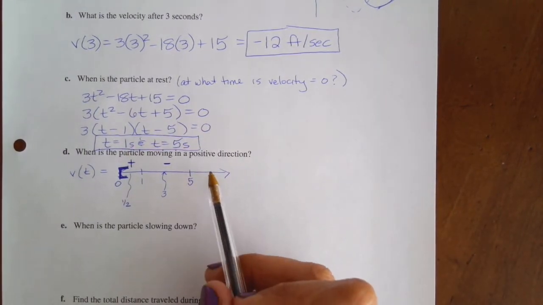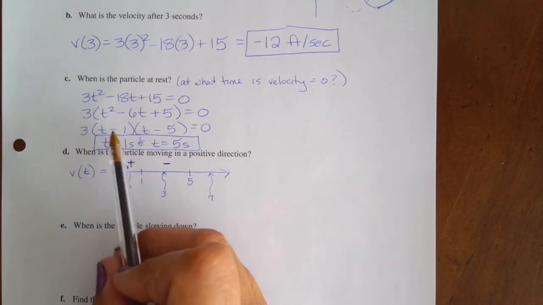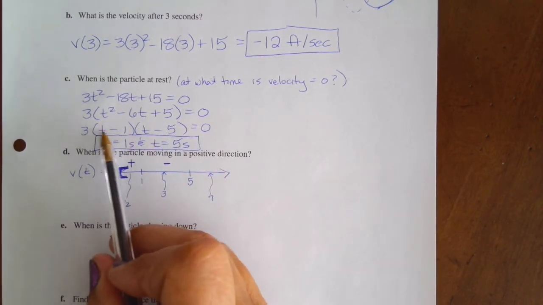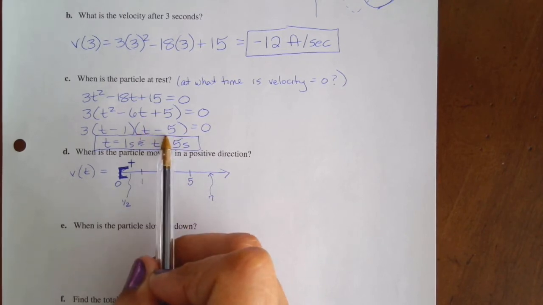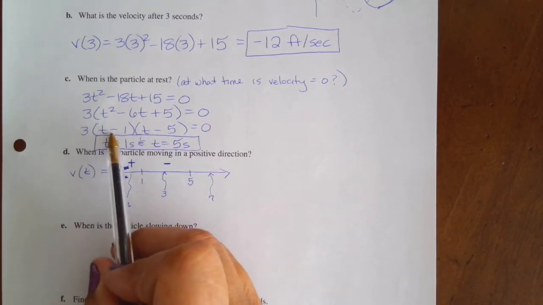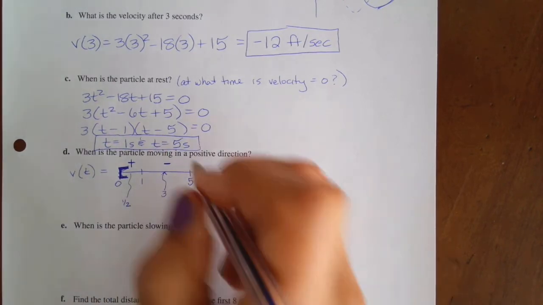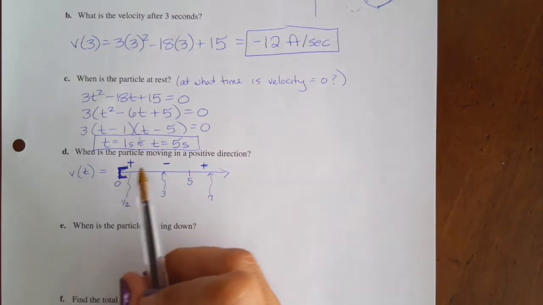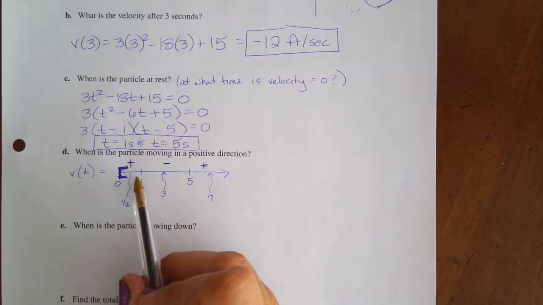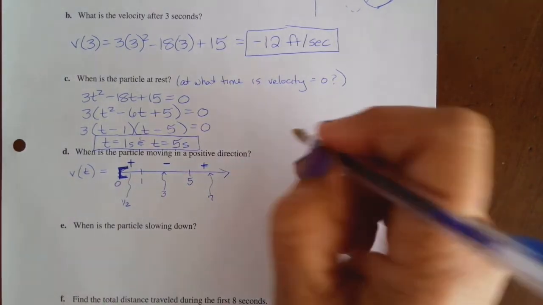Then I'm going to do the same thing with a number over here, 7. If I put 7 in here, this factor is positive. If I put 7 in here, this factor will be positive. And now I've got a positive 3 times this positive number times this positive number, positive. Okay? So when is the particle moving in a positive direction? I would say from 0 to 1 seconds.